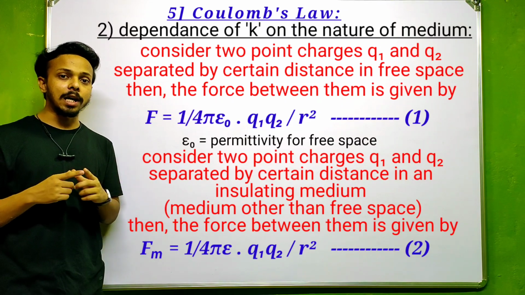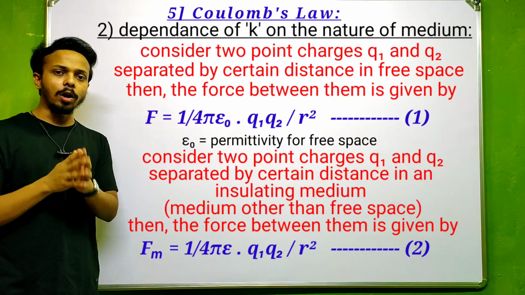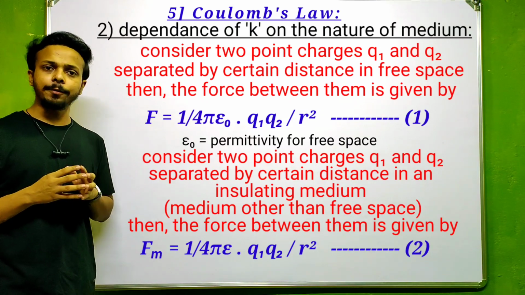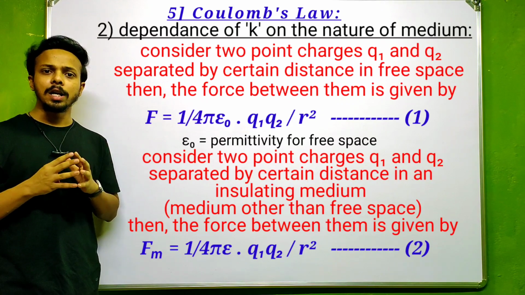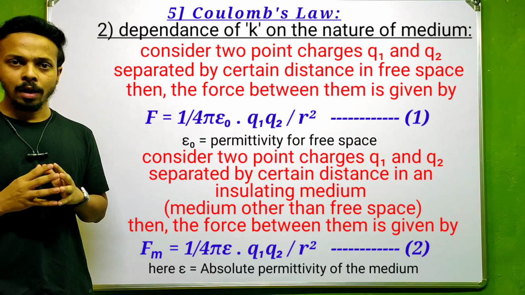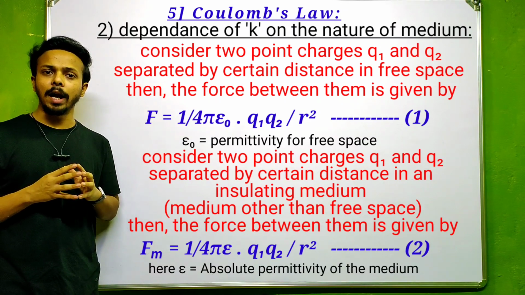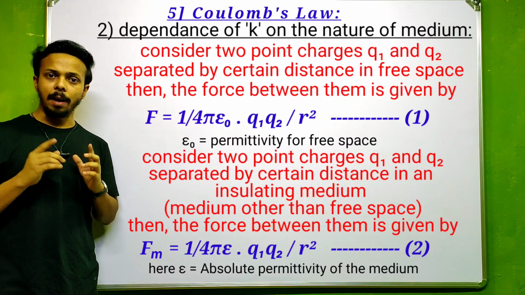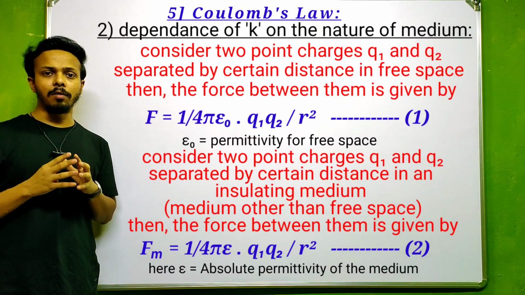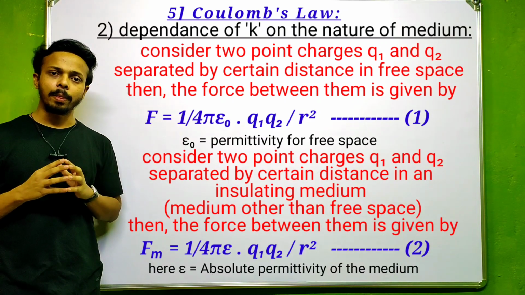Then the force between them according to Coulomb's law is represented as Fm is equal to 1 divided by 4 pi epsilon, Q1 Q2 by R square. Now let us understand what epsilon is here. Here epsilon is known as the absolute permittivity of the given medium. Now call this equation number 2.